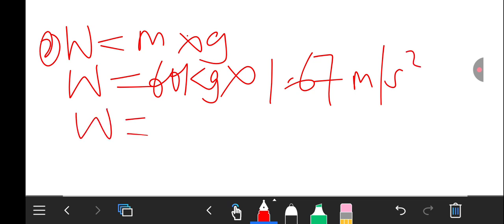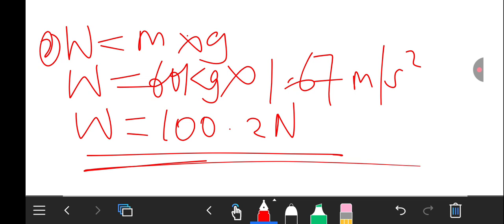So weight will be equal, let me just use the calculator. We have 60 multiplied by 1.67, so it's giving 100.2 newtons. So this is how you can calculate weight.